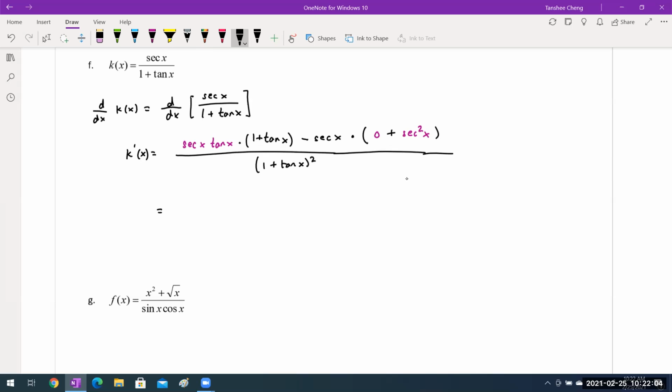So if you want to simplify a bit, you can start distributing and then try to simplify. But I don't see anywhere it's going to be going. So secant x tangent x plus secant x tangent square x when I distribute it, and then minus secant cube x over 1 plus tangent x squared. And that will be my final answer.